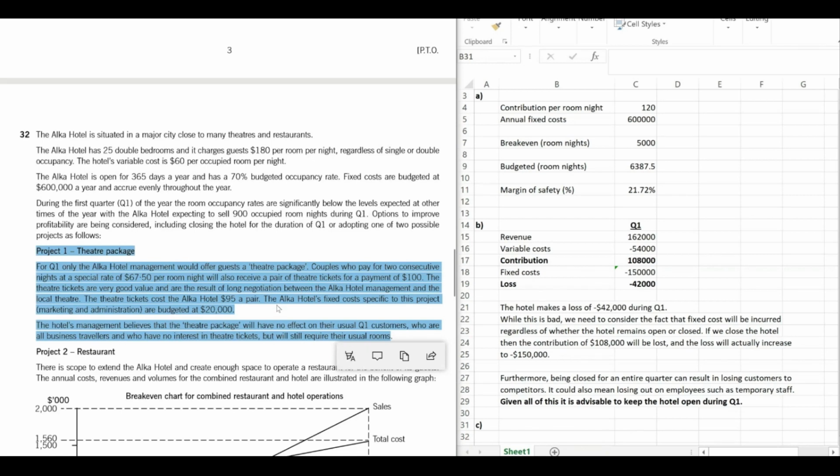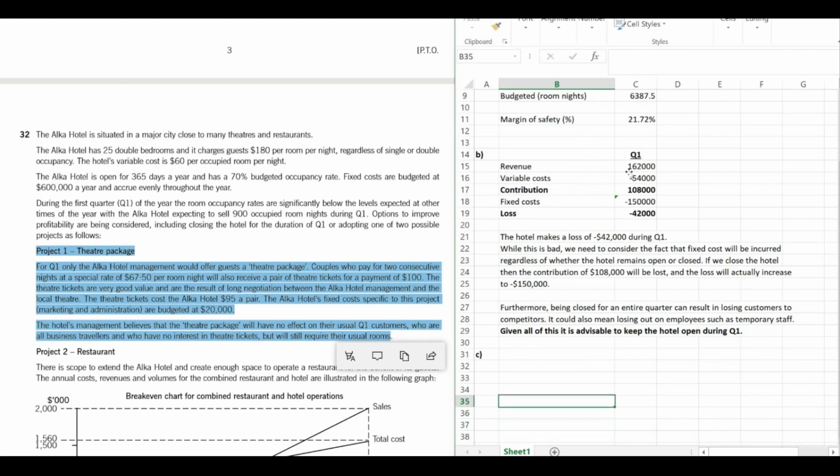Okay, so what that means is we need to assess what's the break even for these theater guests, and see if we have enough rooms left to accommodate this based on that. Okay, so let's start with break even in terms of revenue, for which we need the fixed cost over the CS ratio. So the main thing is going to be the CS ratio.